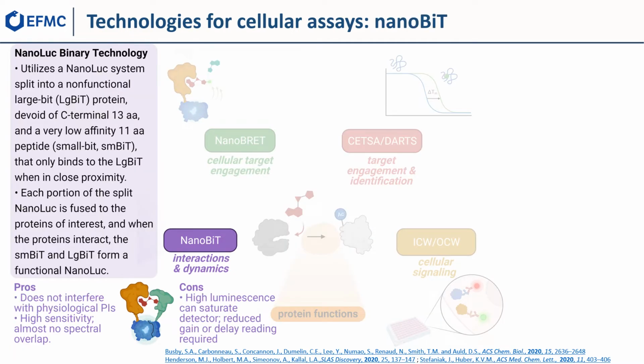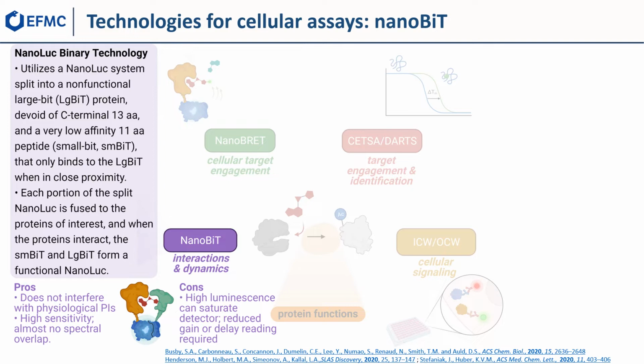Both NanoBiT and NanoBRET technologies are luminescence methods based on the small luciferase known as NanoLuc, that is derived from a deep-sea shrimp and engineered to have high thermostability, glow-type luminescence, and a brightness that is more than 150-fold higher than firefly luciferase.